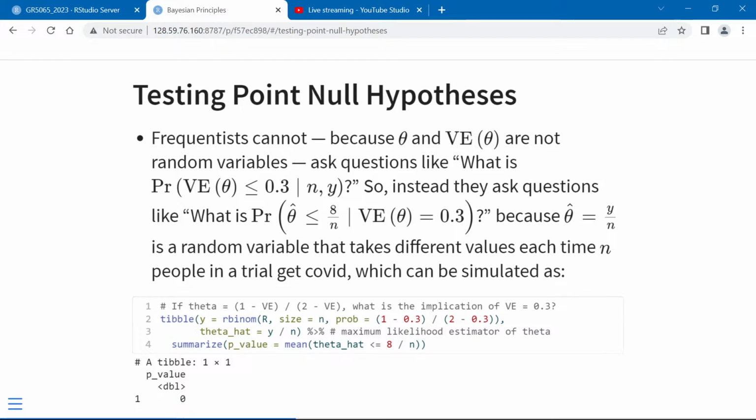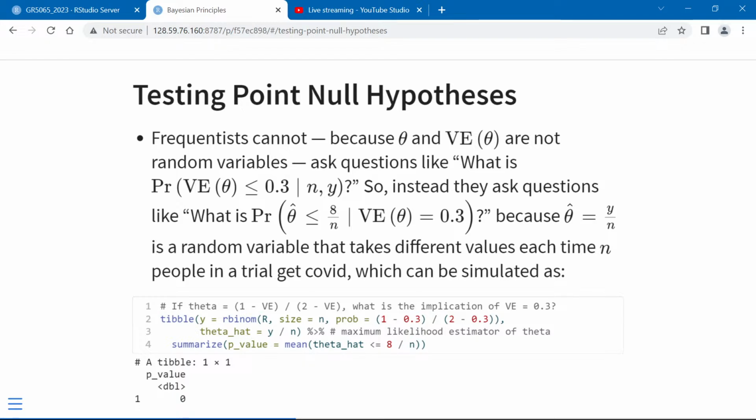theta and any deterministic function of theta, like vaccine effectiveness, are not random variables, they're unknown constants. Because they're not random variables, probability does not apply to them. And so Fisher frequentists cannot ask questions like, what's the probability the vaccine effectiveness is below 0.3 given N and Y, which is the complement of the question we just asked on the previous page.